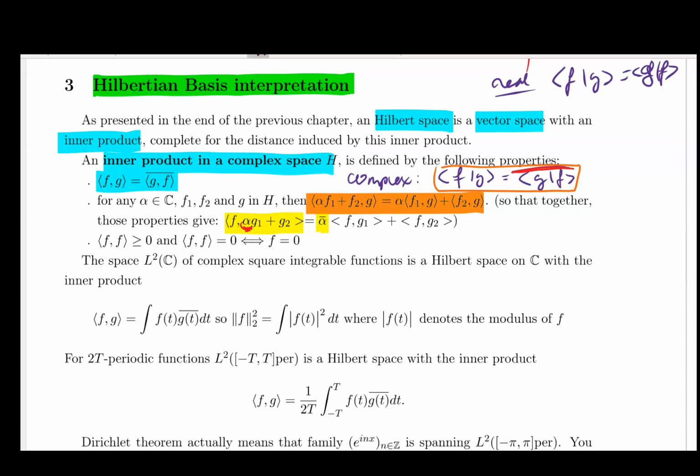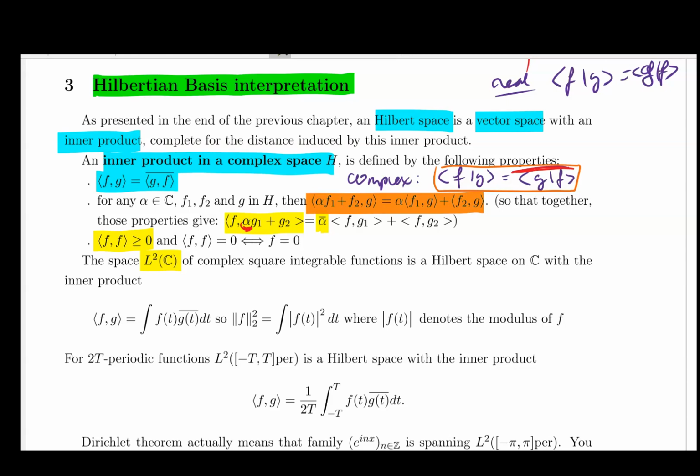Okay, and then you also have positive definiteness, but that's the minimum requirement if we want to be able to define a norm.